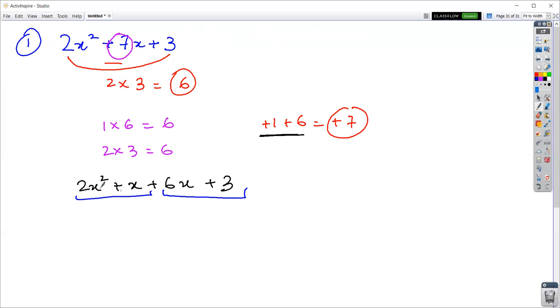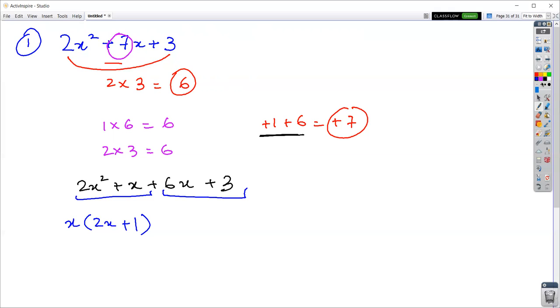We cannot factorize any number out of the first two terms, so we look at the variables. It has two lots of x and one lot of x, so I can take x as a factor. Factorizing x outside, what we get inside the bracket is 2x plus 1, because we had 1x in the next term and it's written outside already.